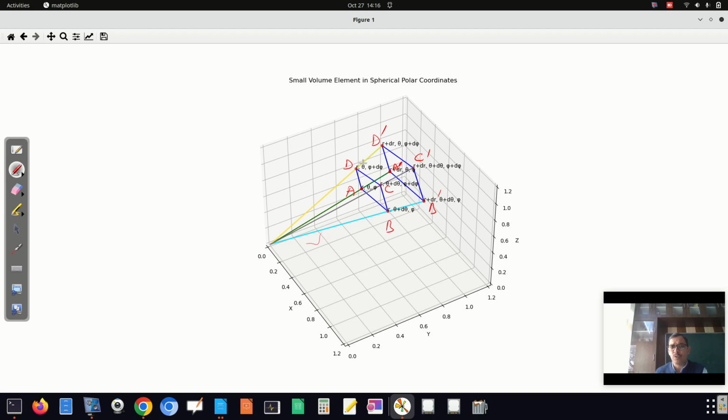So this is the small volume element. It is covered by A, B, C, D, D prime, A prime, B prime, and C prime. So this is a very small volume element.